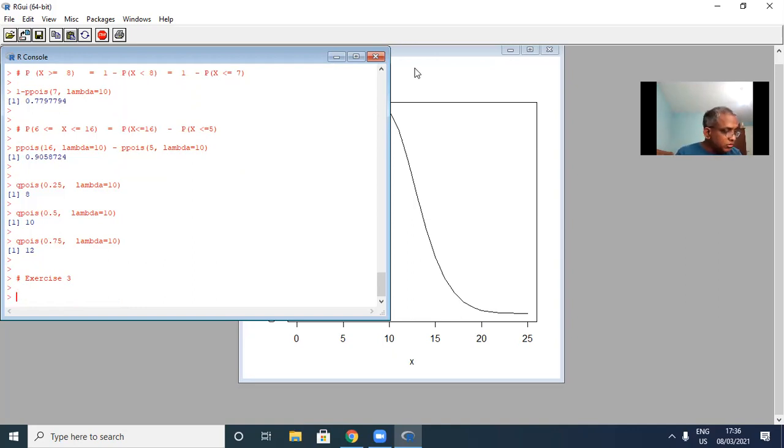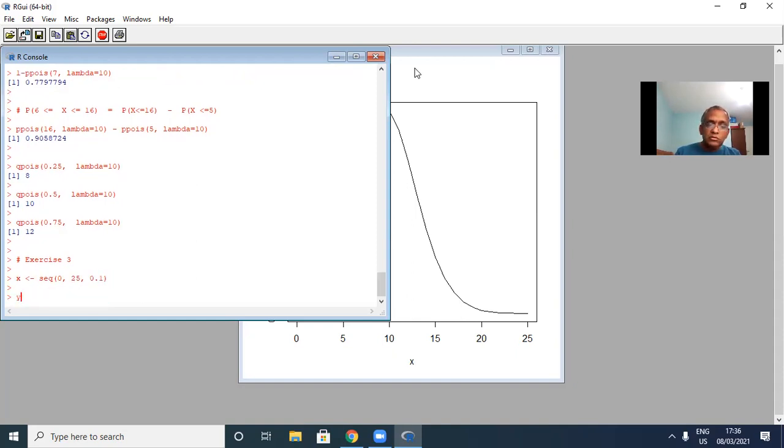Exercise 3 is about the exponential distribution. The first part is asking you to plot the density over 0 to 25. So define x as the sequence from 0 to 25, say in steps of 0.1. Then you define y as the density of the exponential at x with parameter 0.2.